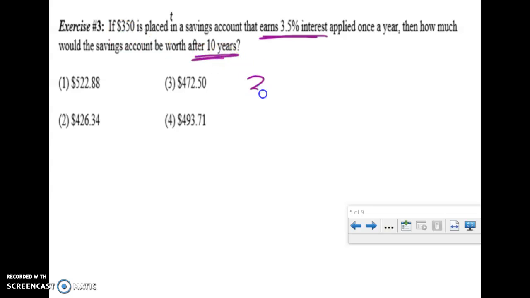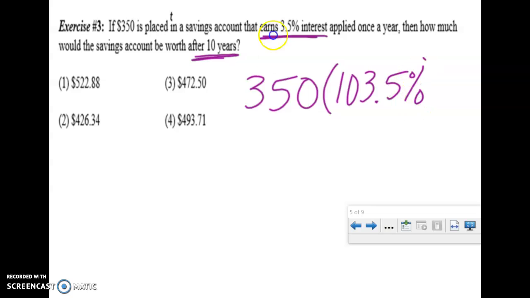So we start how we did before with the initial value, and then we look to add 3.5% to 100% because we want to show this as an increase because our money is going to grow every single year. Now, it grows more and more and more because that 3.5% gets applied to a number bigger than 350 each and every single time.